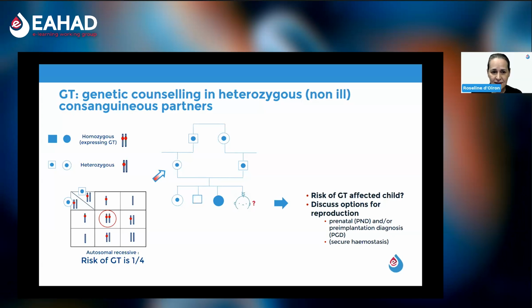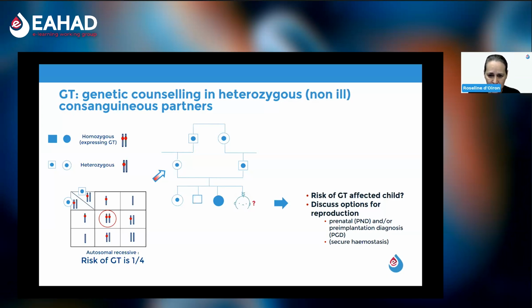Let's see in this slide what kind of genetic counseling could be shared with a woman heterozygous, so non-ill, but carrier of a variant that might lead to Glanzmann Thrombasthenia.